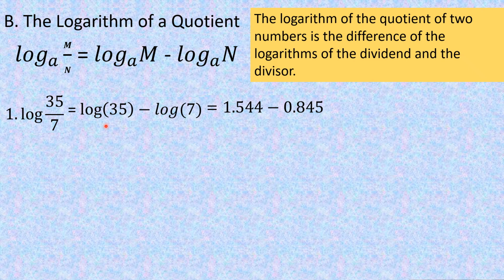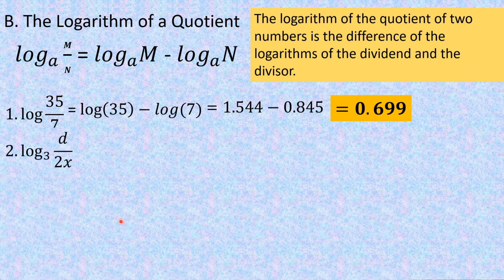Remember that the log of 35, if you use your scientific calculator, is 1.544, and the log of 7 is 0.845. When subtracting, the result will be 0.699. So the log of 35 over 7 will be 0.699. Let's proceed to example number 2.